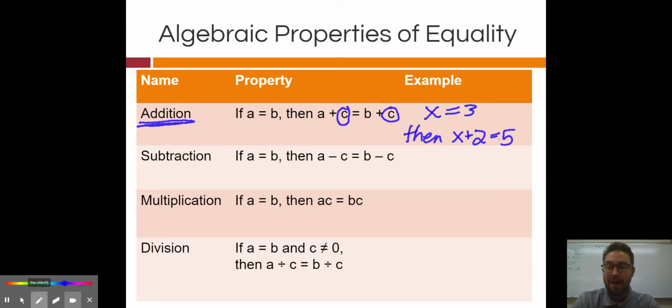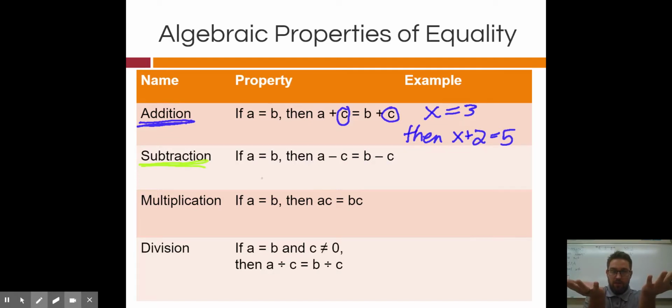We've got the same idea working for us with subtraction. If A equals B, if we have two things that are equal to each other, then we can subtract the same term from both sides and it'll stay equal. So let's say we have the letter M equals 12.